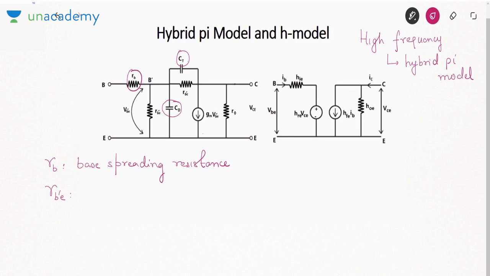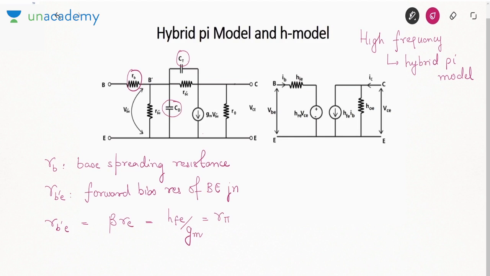RB dash E, I told you this is the forward bias resistance of the base emitter junction. We can write its value also. RB dash E is beta RE, or you can say HFE by GM, or you can say it is R pi.